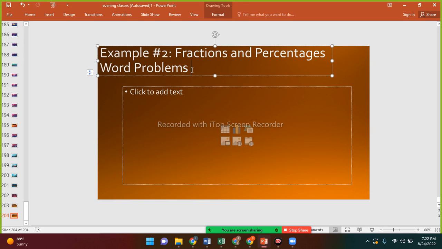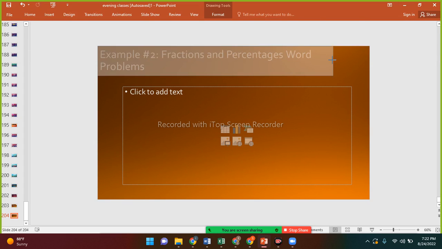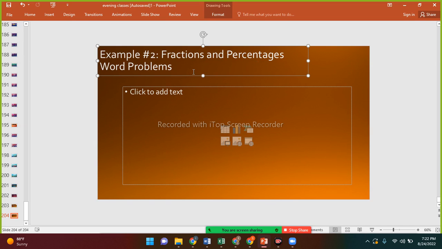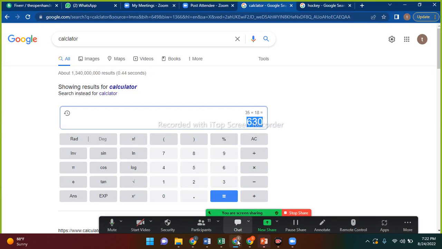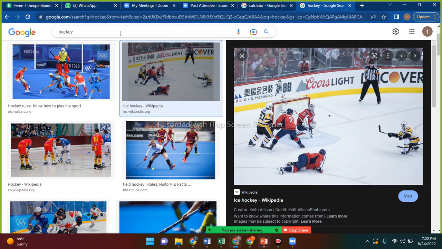This time, instead of hockey cards, we're going to be looking at basketball cards.